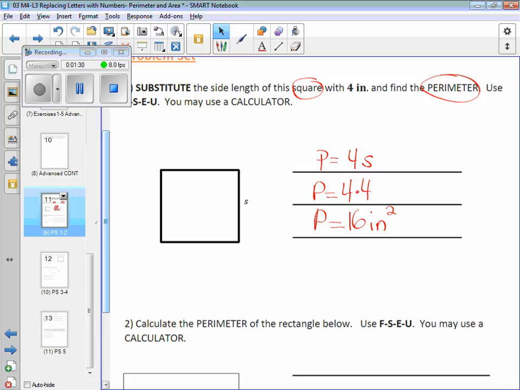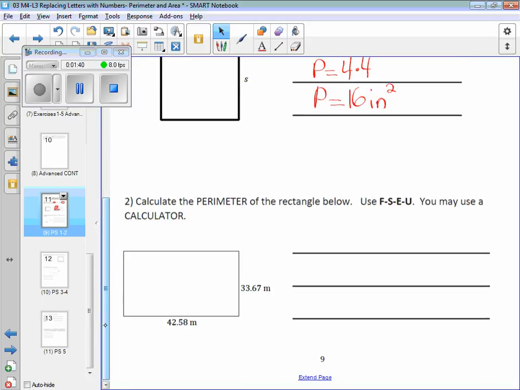Then it got confusing for the perimeter of the rectangle because technically it's not covered in the lesson. There's no example for it, so that's why I'm going to choose to do it here. It's still perimeter, but it's not a square anymore.